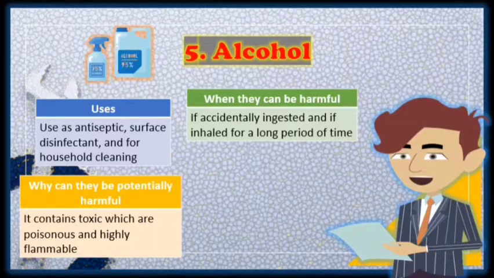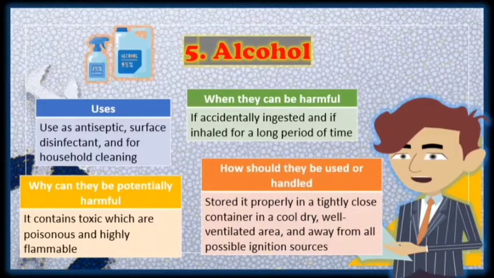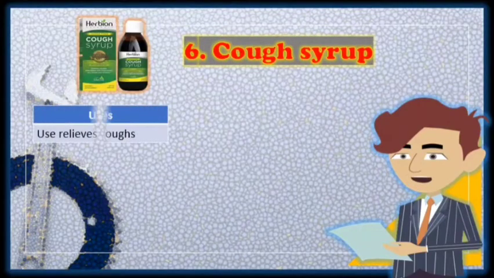Alcohol can be potentially harmful because it contains toxic substances, which are poisonous and highly flammable. Then how should it be used or handled? You should store it properly in a tightly closed container in a cool, dry, well-ventilated area and away from all possible ignition sources.